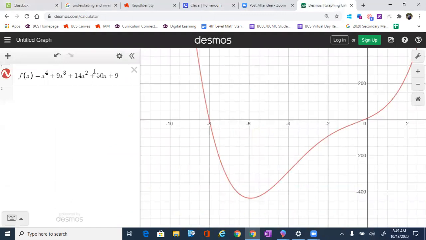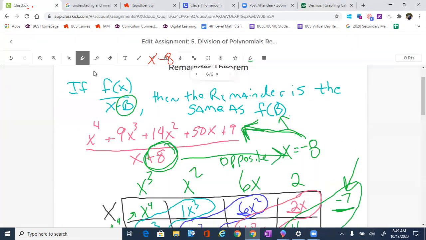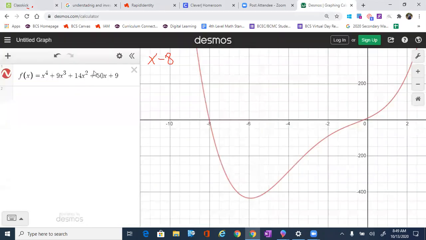I've plugged in the equation, x to the 4th plus 9x cubed. You'll notice that if we look at this, remember what we're looking for is we are dividing by the binomial x plus 8. Let me go back, I'm sorry, let me change that. So we are dividing by the binomial x plus 8, okay?